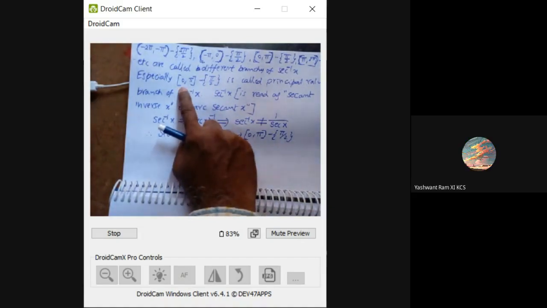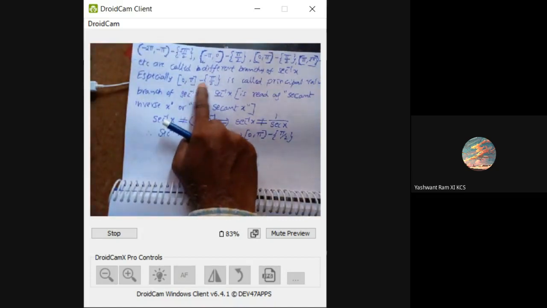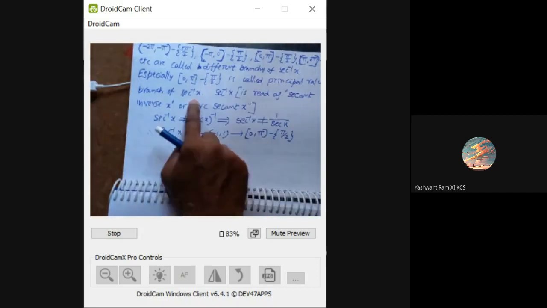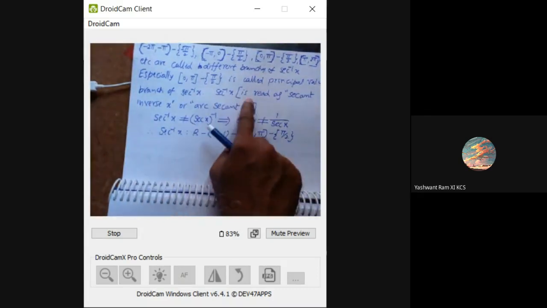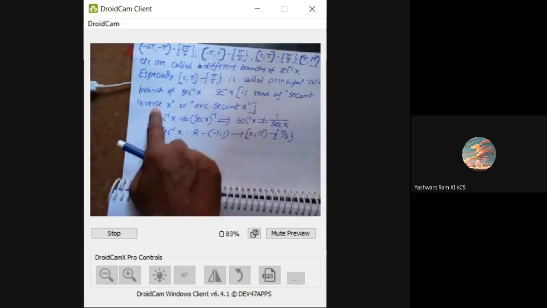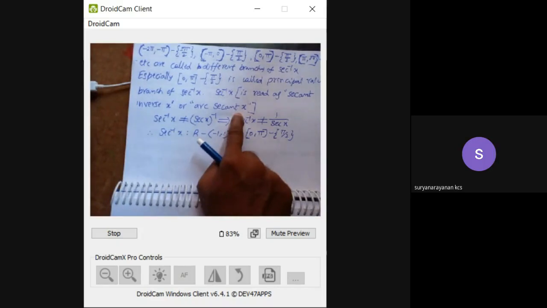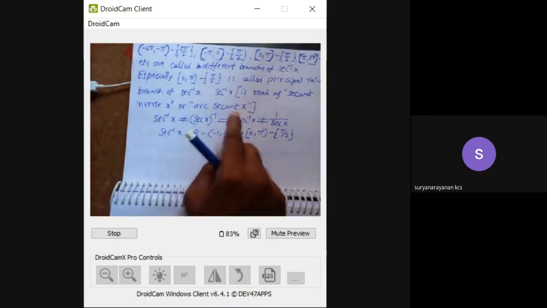Closed interval 0 comma pi minus singleton set pi by 2 is called principal value branch of secant inverse x. The notation is read as secant inverse x or arc secant x. Thank you, my dear Yashwant Ram. Now Kevin Paul.